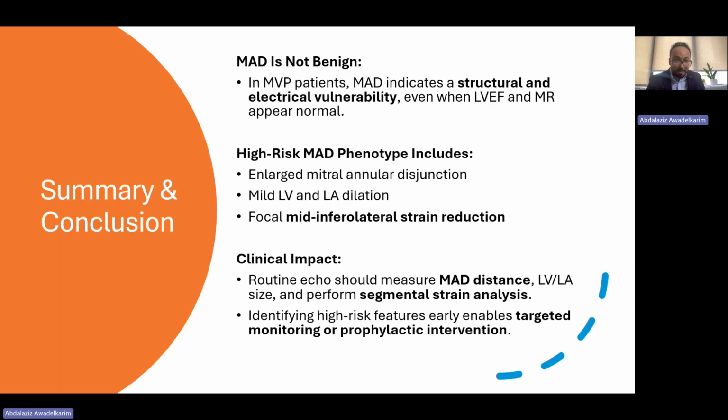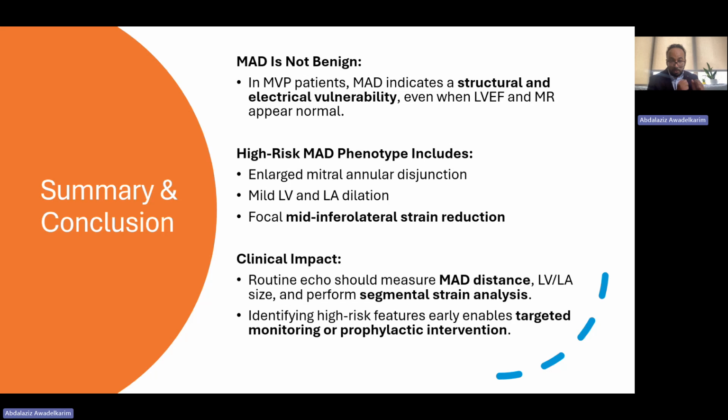So in summary, in MVP patients, MAD indicates structural and electrical vulnerability even when the EF and the MR are normal. High-risk phenotypes are people with enlarged MAD distance, LV and LA dilation, and focal strain reduction in the inferior lateral muscle region.